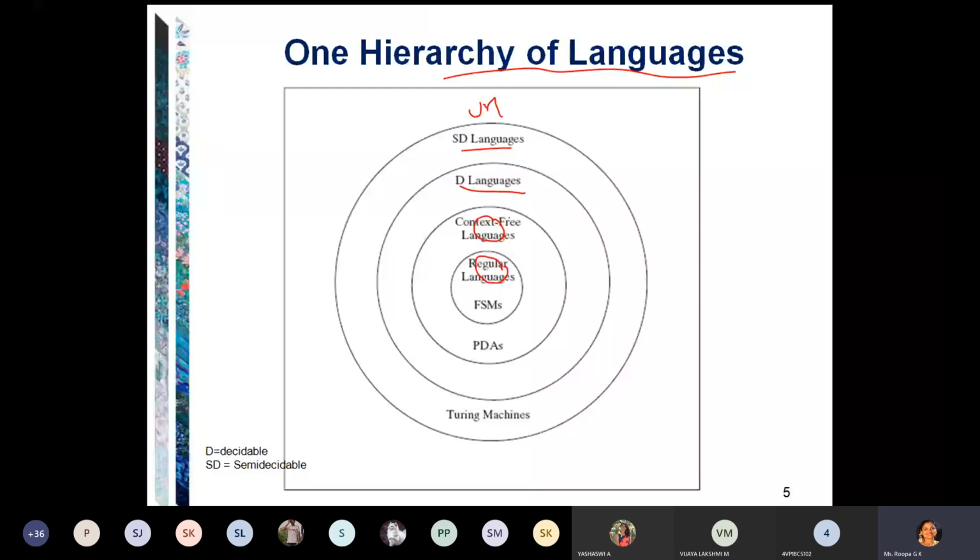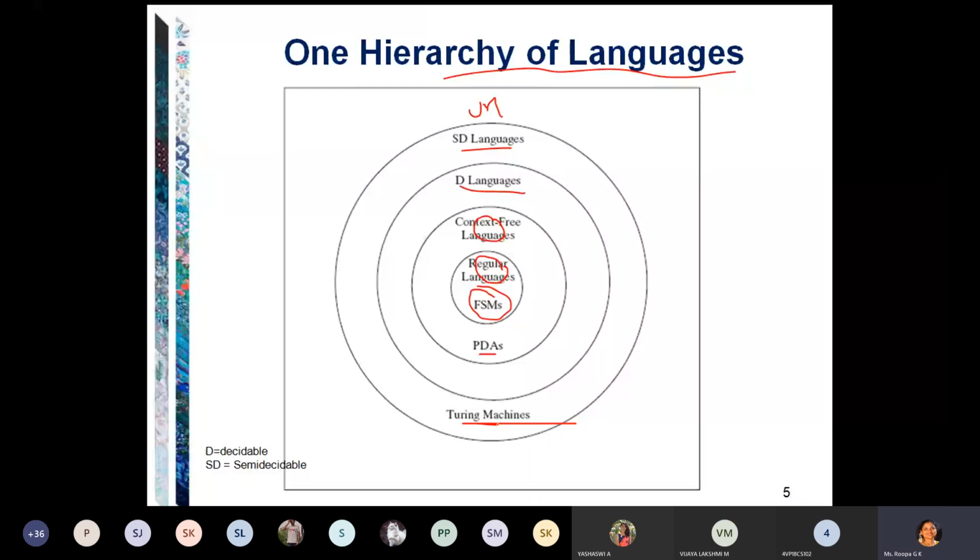These different types of languages are recognized by machines. Regular languages are the languages accepted by finite state machines, context-free languages are the languages recognized by PDAs, pushdown automata, and decidable and semi-decidable languages are identified by Turing machines.